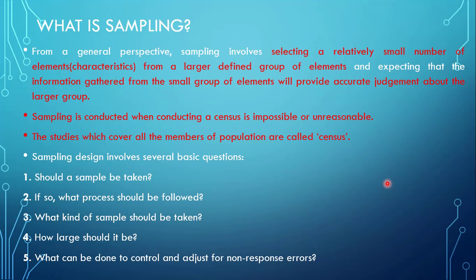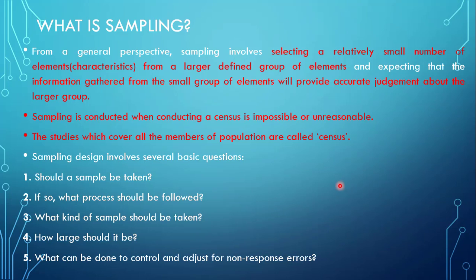So sampling is the technique, the process of selecting a smaller amount that represents the whole population. When you say sample, it is the actual elements that represent the population.